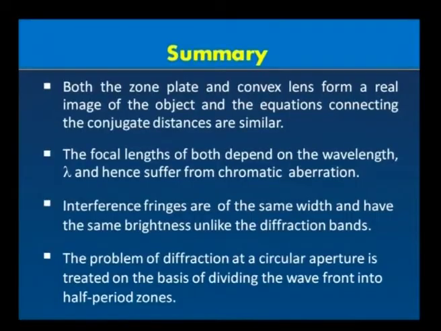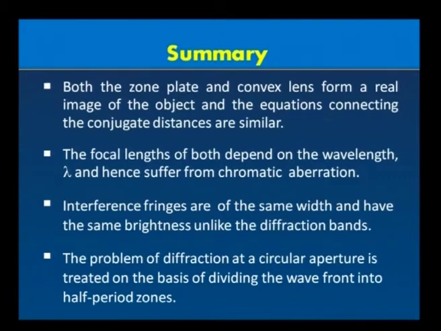Let me now summarize what I told you in this lecture. The summary goes as follows. Both the zone plate and convex lens form a real image of the object, and the equations connecting the conjugate distances are similar. So, this gives the similarity between the lens and the zone plate. The focal lengths of both depend on the wavelength lambda, and hence suffer from chromatic aberration.